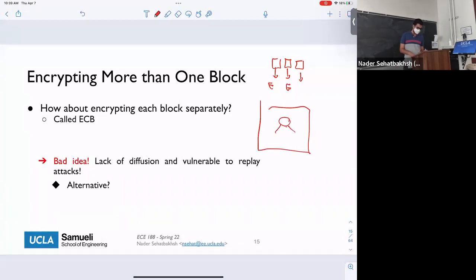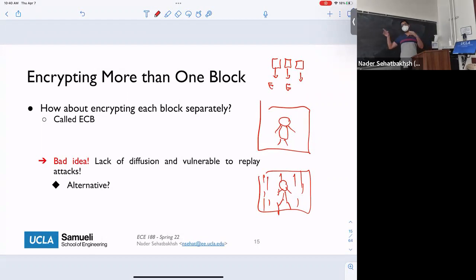If the original message looks like this and I encrypt it, I'm going to get something that looks different, but you're actually going to see the pattern of the panda in the encrypted message as well. The reason is I just took each block separately and encrypted it, and if there is a bias, potentially there will be a bias in your ciphertext as well, right? So this is not a good idea for encrypting a message that is more than one block.